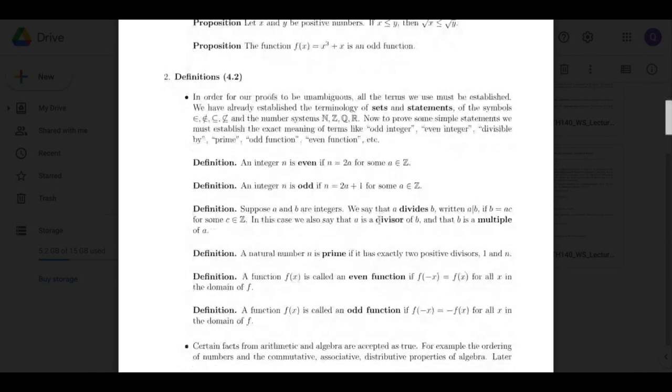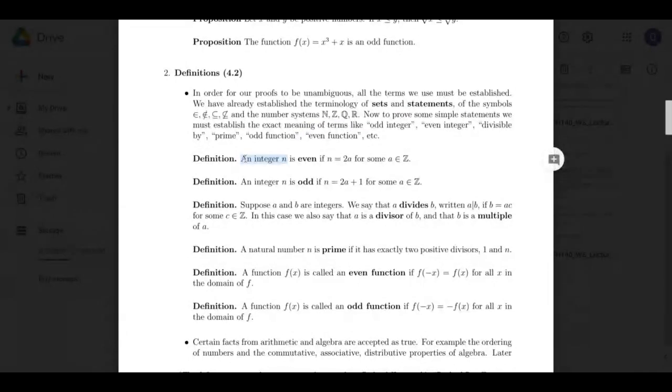Okay, let's see some definitions. An integer n is even if n equals 2a for some a in the integers. So that means if a number is even, we can write it as 2 times an integer.